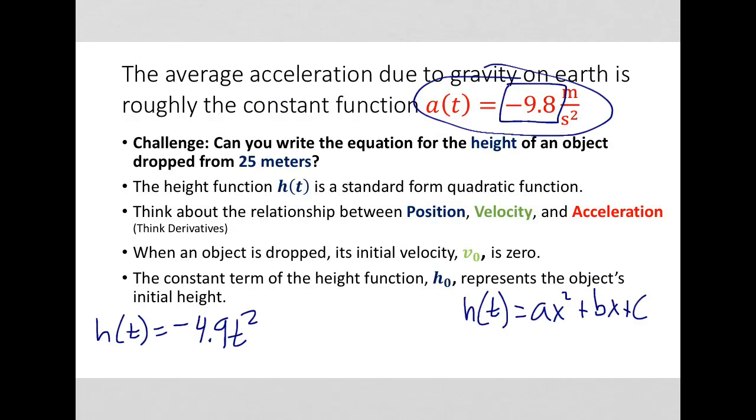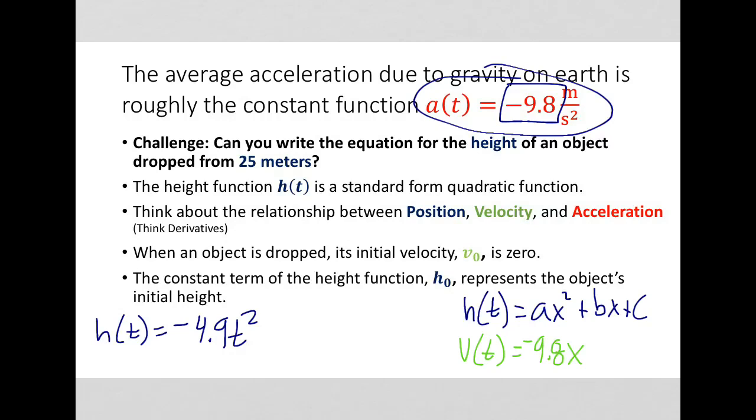Now, b of x, think about what's going to happen here. When we take the derivative of this function to get our velocity function, we're going to get v of t to equal 2 times a, 2 times negative 4.9. That's going to give us that negative 9.8 that we needed.